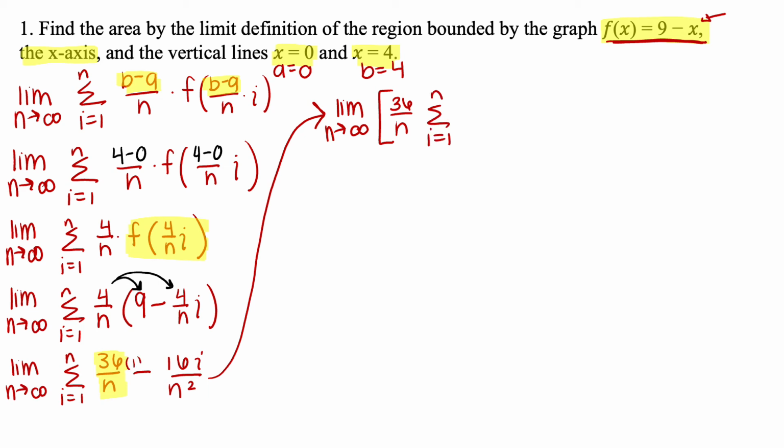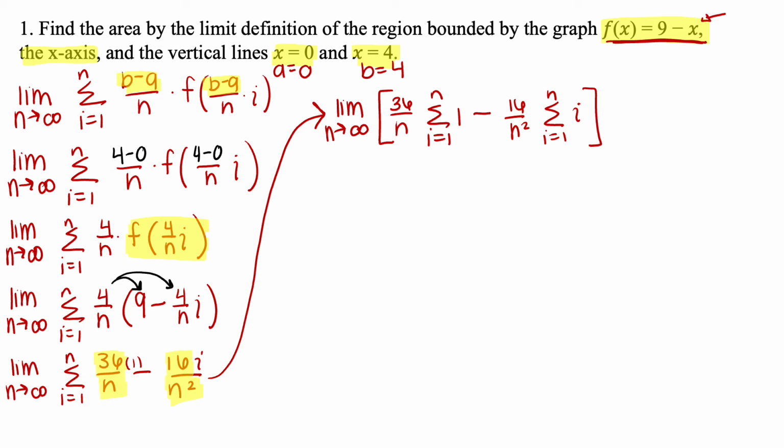Because there's nothing left, there's like an invisible 1 here, so times 1, minus, for my second term, my constant is 16 over n squared, so I can pull that out, times the sum from when i equals 1 to n, and what's left over is i.